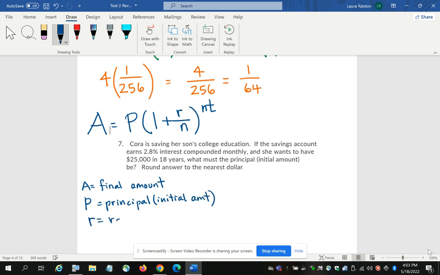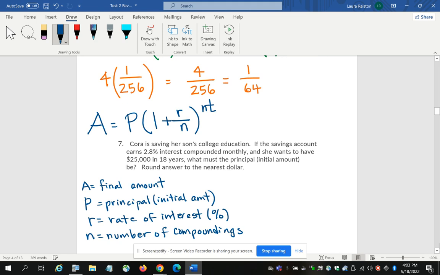R is still the rate of interest. And again, that's typically going to be a percentage. N is the number of compoundings. How many times within a year are you going to calculate interest?